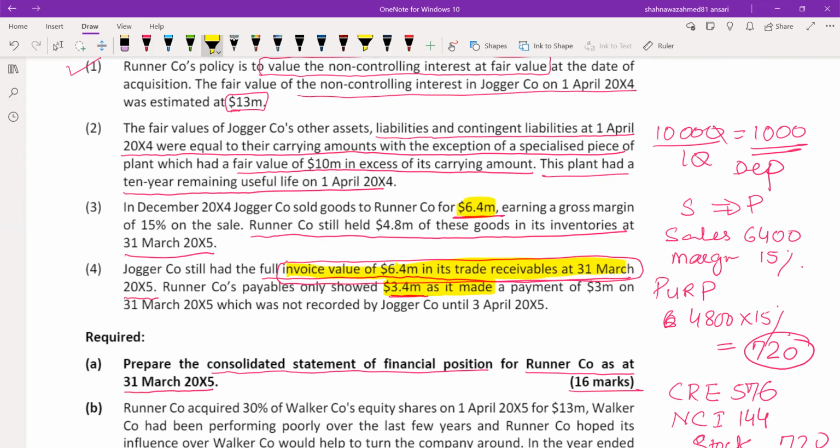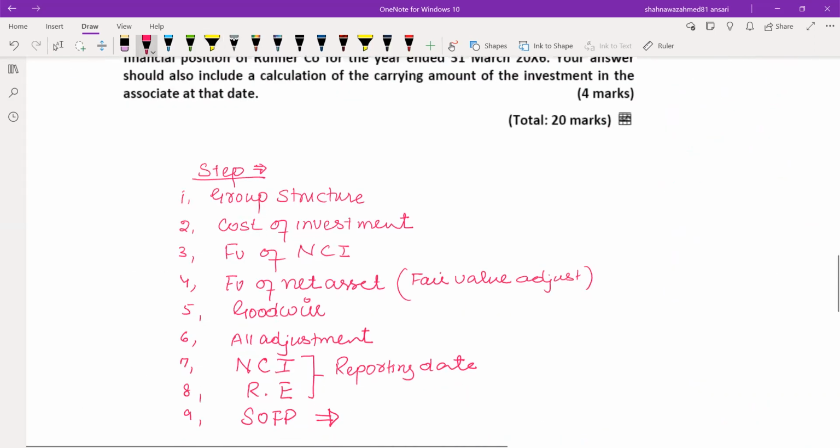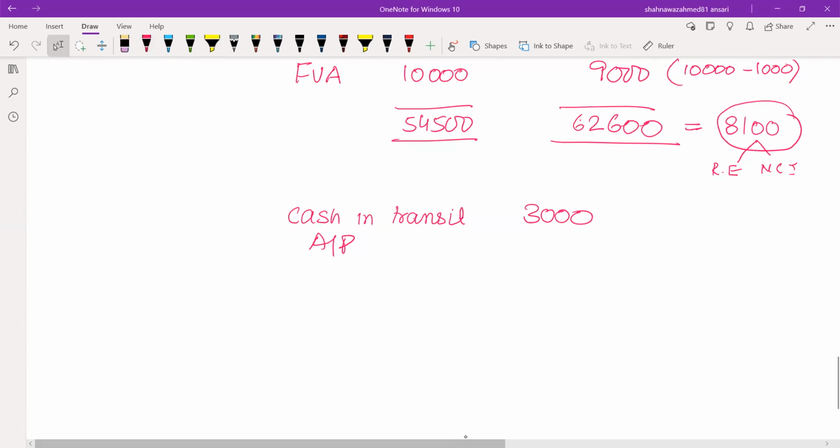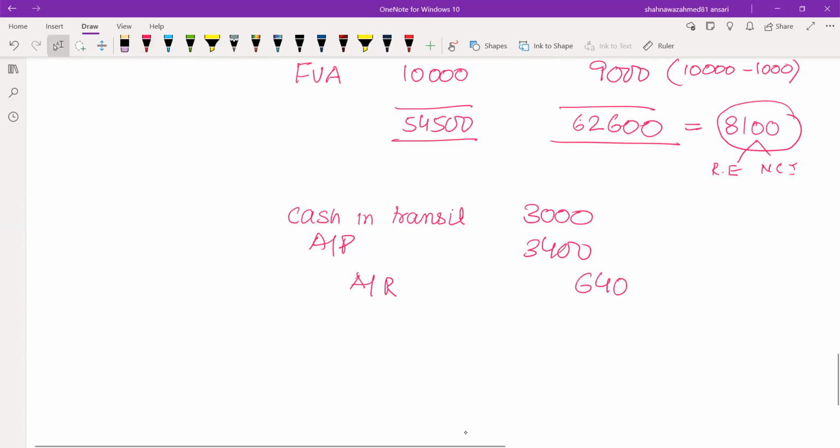This 3,000 difference is cash in transit. So what we need to do is eliminate the whole. Record cash in transit 3,000, eliminate the payable, that is 3,400, and eliminate the receivable, that is 6,400. This is the adjustment.